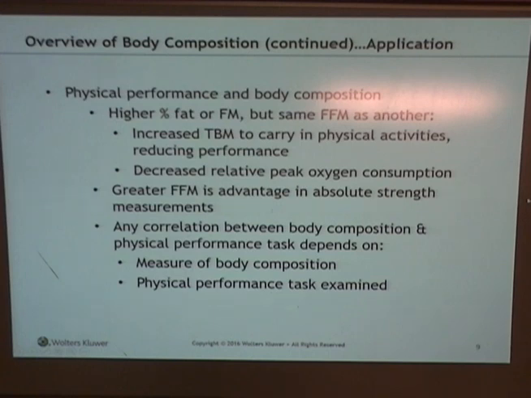What I would like you to look at, the bit that I'm not going to have time to cover now, jump into chapter 13 and look at the paragraph that is talking about the obesity paradox.